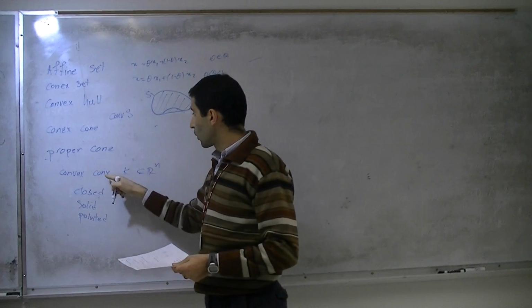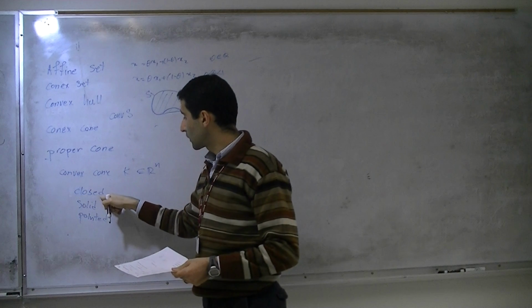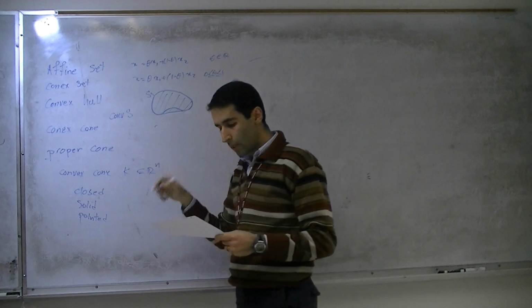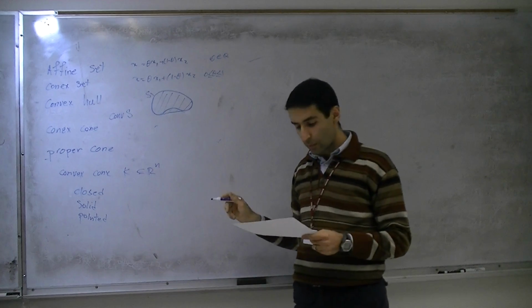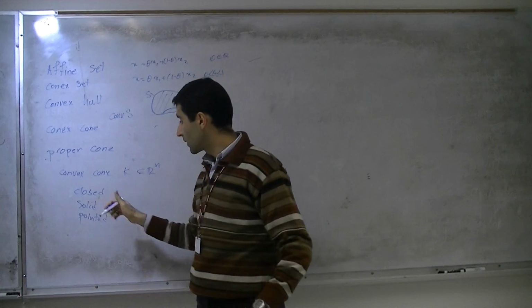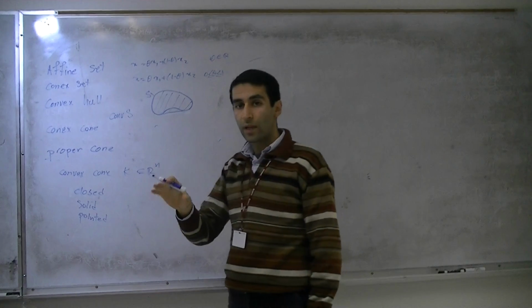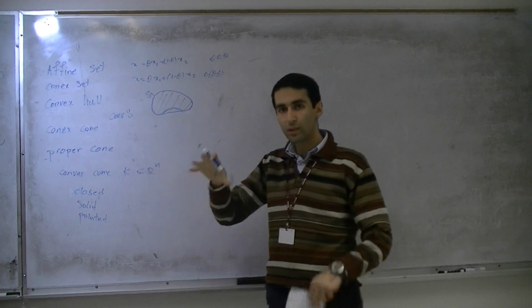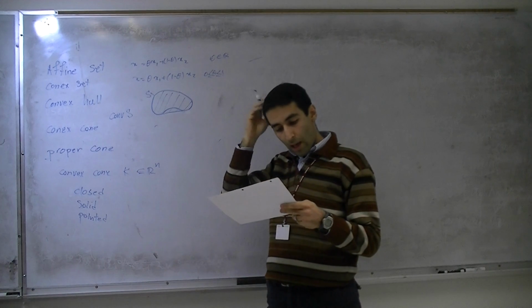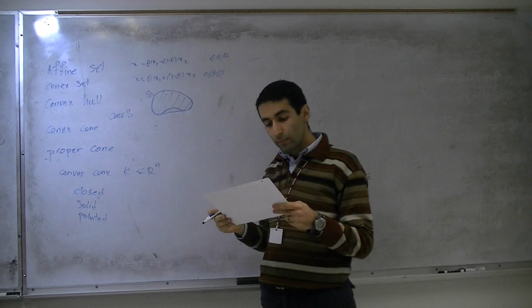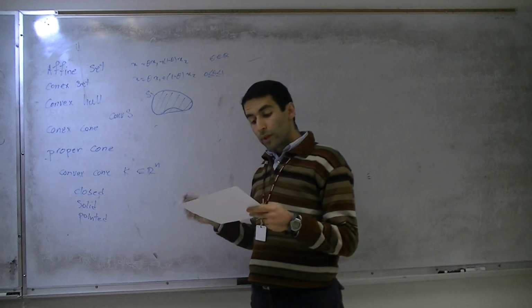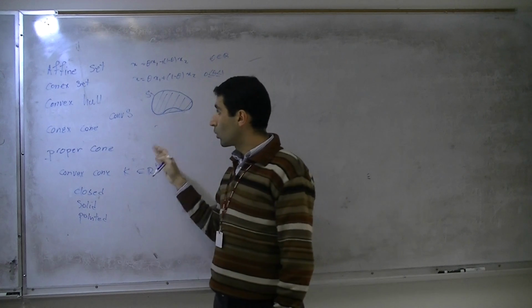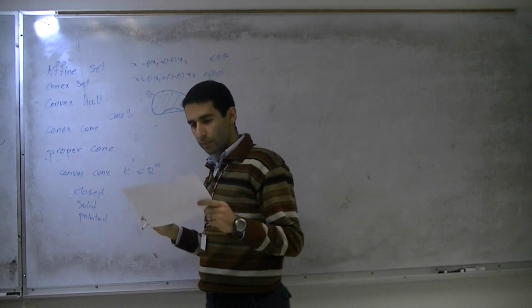For having a proper cone, the set is supposed to be closed, it means it contains its boundary, and it must be solid. It means it cannot have some hole inside the set, and it must be pointed. It means in the cone we cannot have any lines.